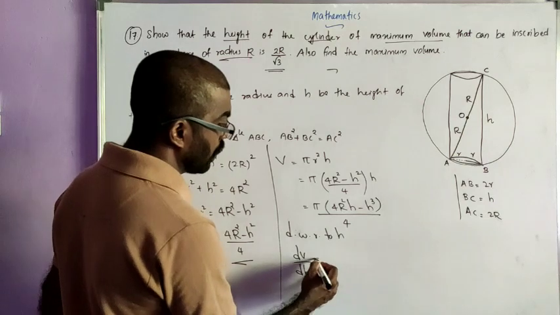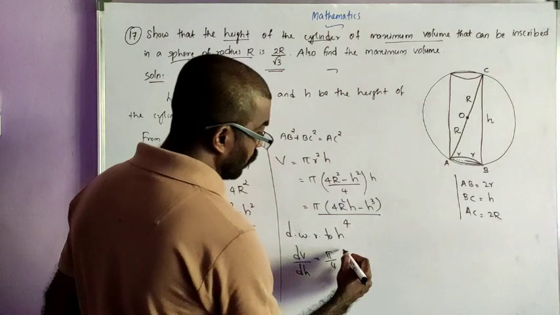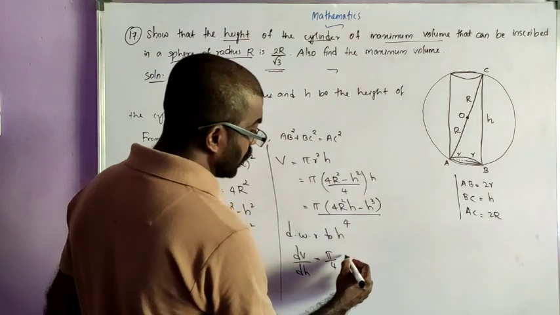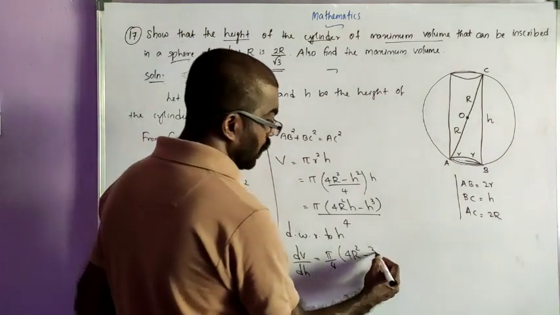dV by dH is equal to pi by 4, which is a constant that we can write first, into 4R square into derivative of H, which is 1, that is 4R square, minus H cube, derivative 3H square.